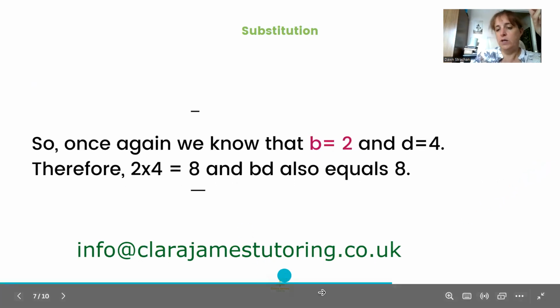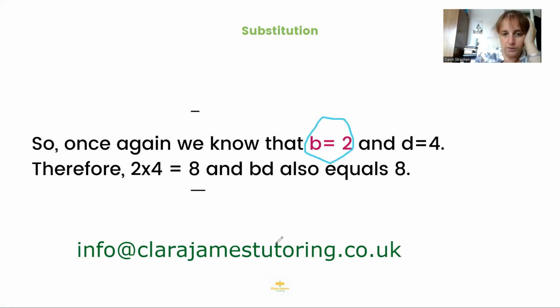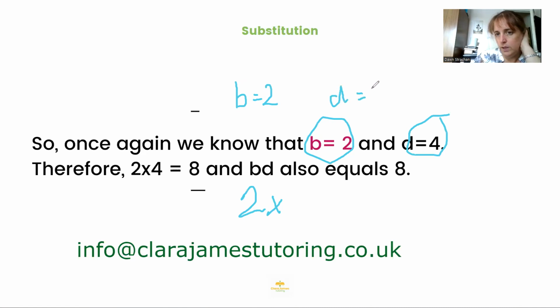So once again, we know that B equals 2, so 2 times D, and D equals 4. So the question that we've got is 2 times 4, which equals 8.